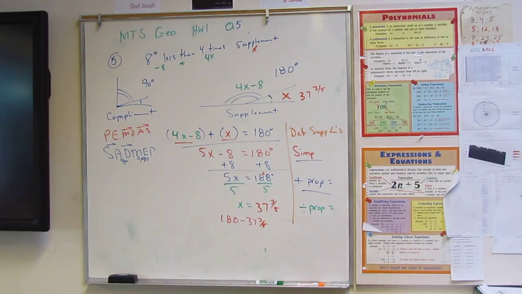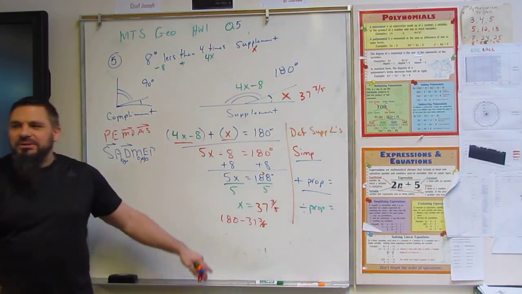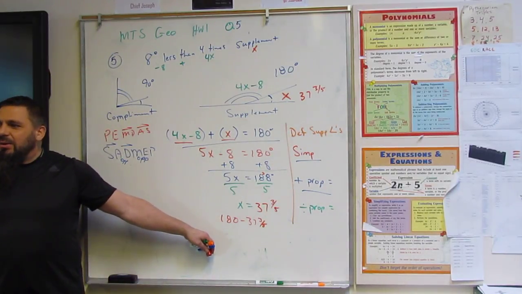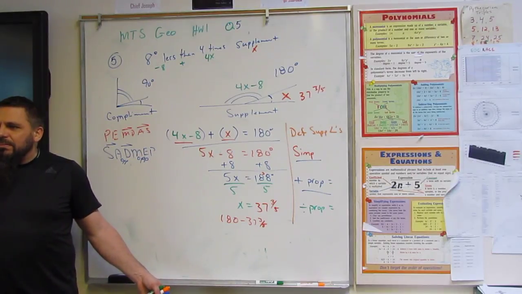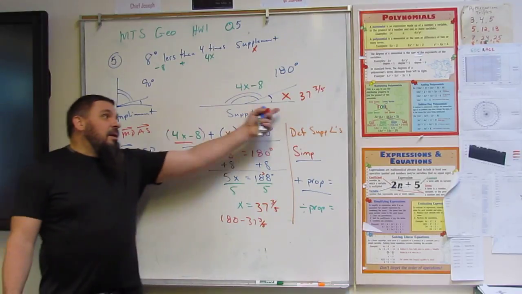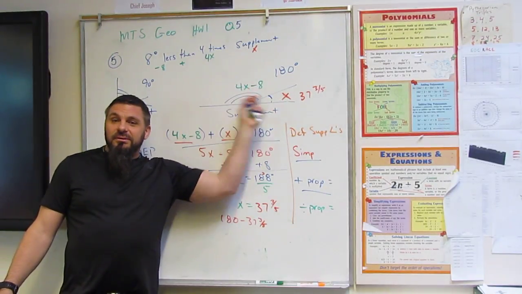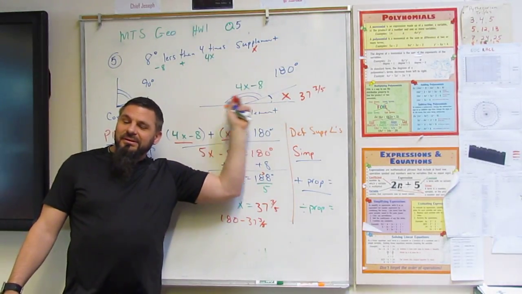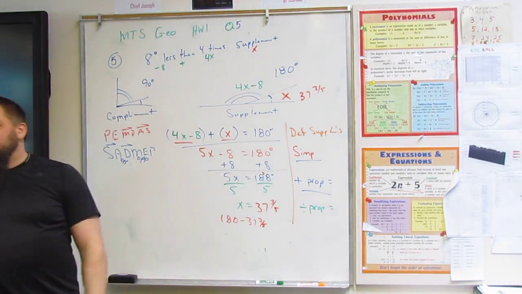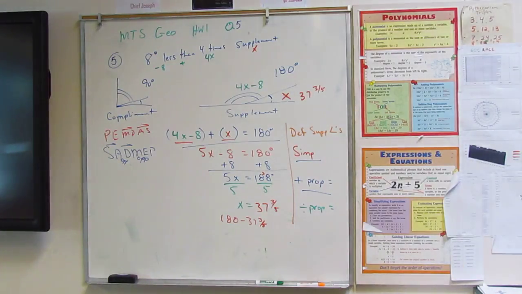Why are you able to take it from 180? Why can you take it from 180? Because what? What are these called? Angles. What kind? Supplementary. Because they're supplementary.